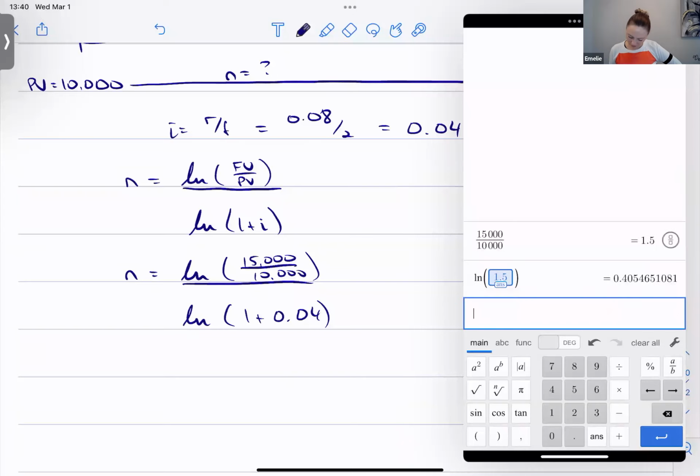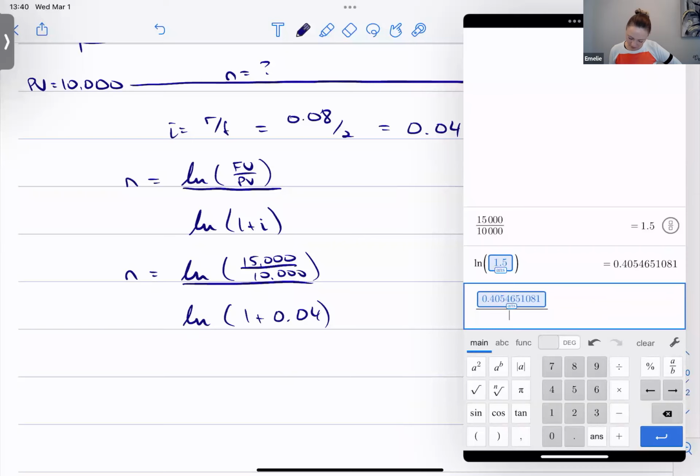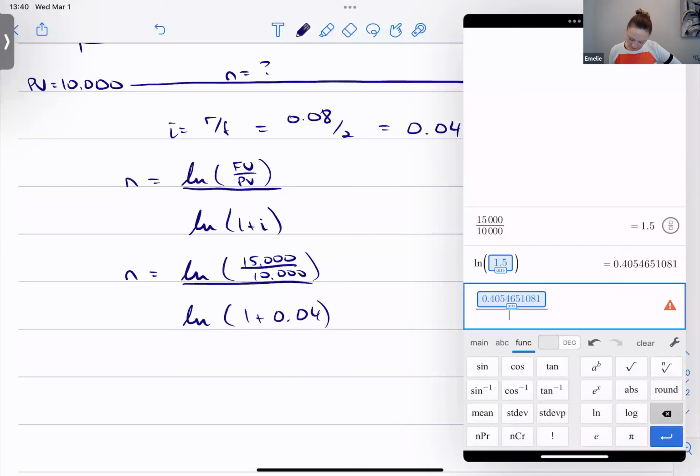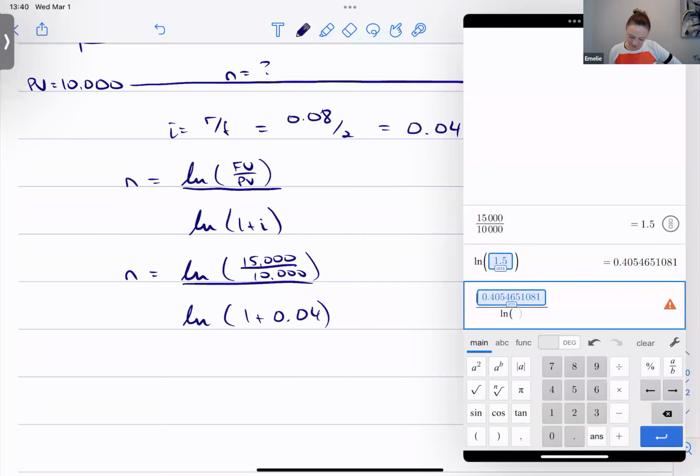Then I'm going to take the previous answer divided by the natural log of 1.04.